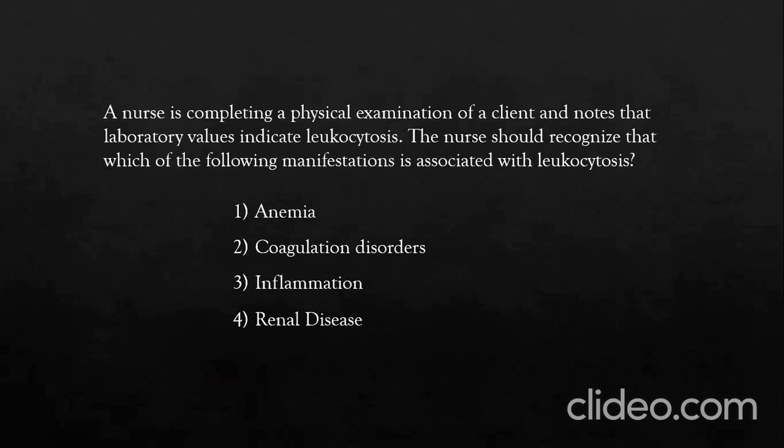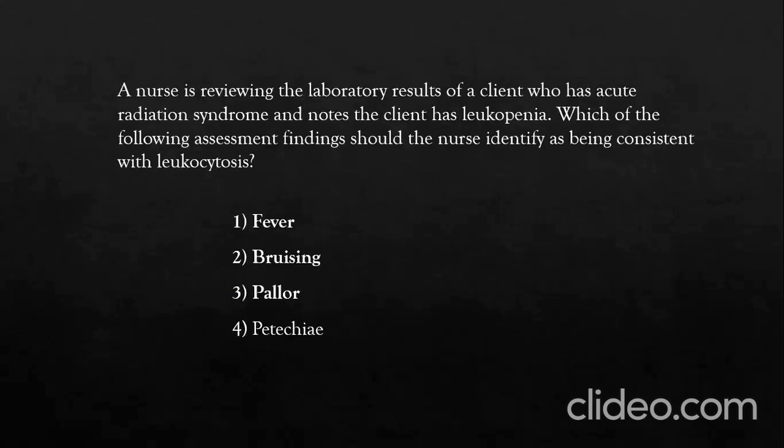Hemoglobin, yep, red blood cells, hemoglobin, hematocrit, those are red blood cells. What about coagulation disorder? What might be low? Platelets, yes. And what labs do you look at for renal disease? BUN and creatinine. Y'all, I said it was time to show out. Y'all showing out.